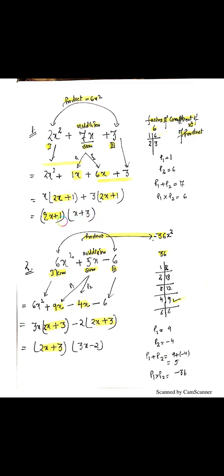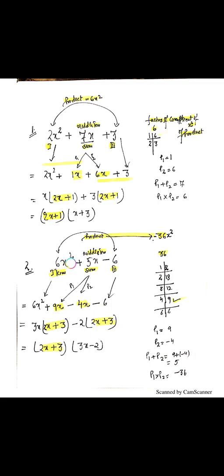Now factors of 2x square plus 7x plus 3 are 2x plus 1 into x plus 3. If you use the distributive property here, you will again get the expression 2x square plus 7x plus 3. Clear?